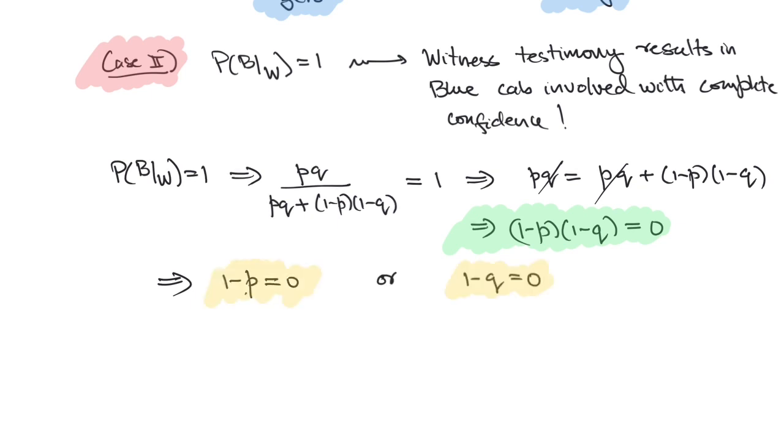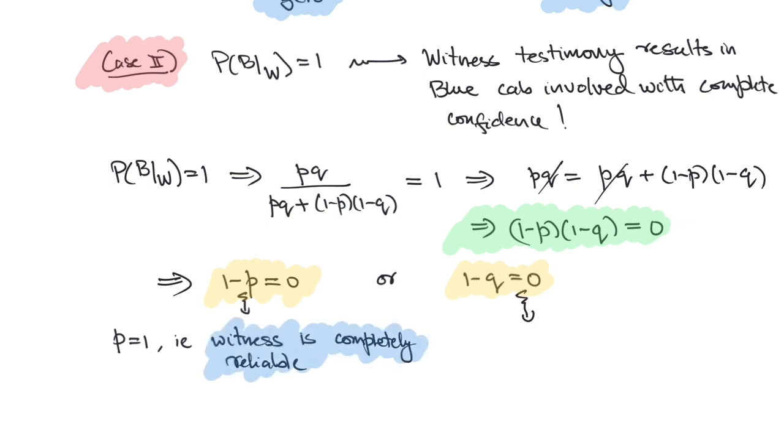This results in the conclusion that either 1 minus P equals 0 or 1 minus Q equals 0. If 1 minus P equals 0, we get P equals 1, which means that the witness is completely reliable. In this case, if the witness says that the involved cab is blue, it has to be a blue cab that has been involved in the accident.